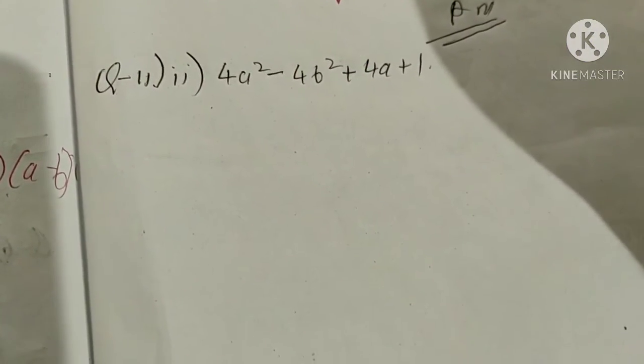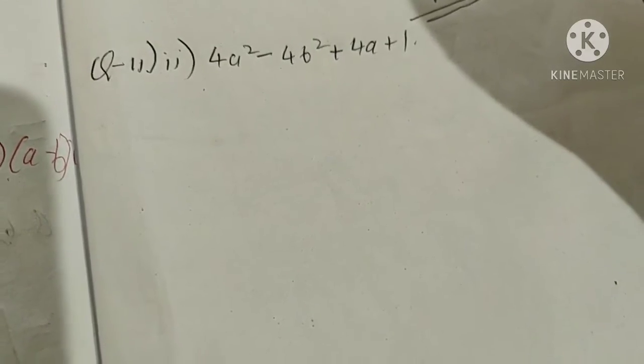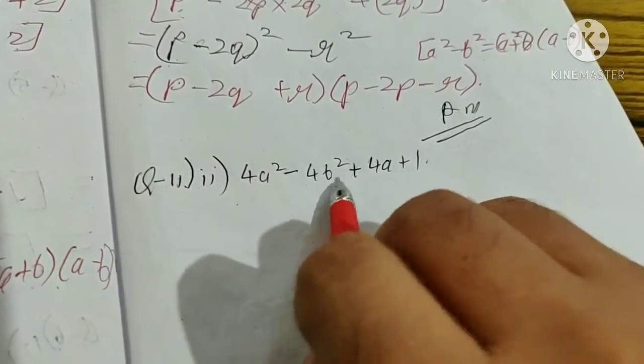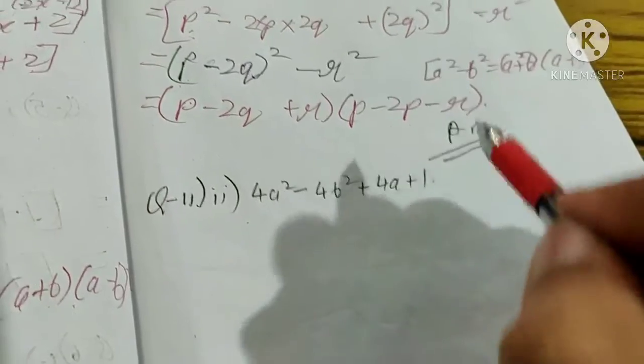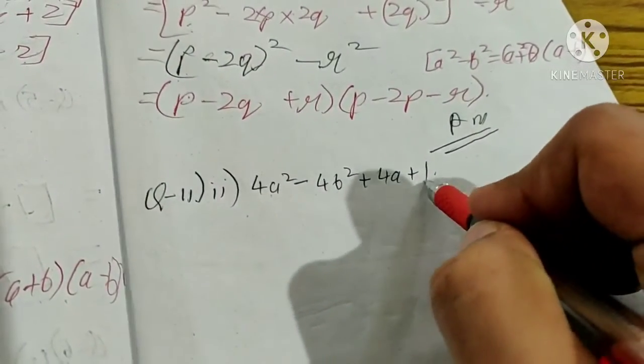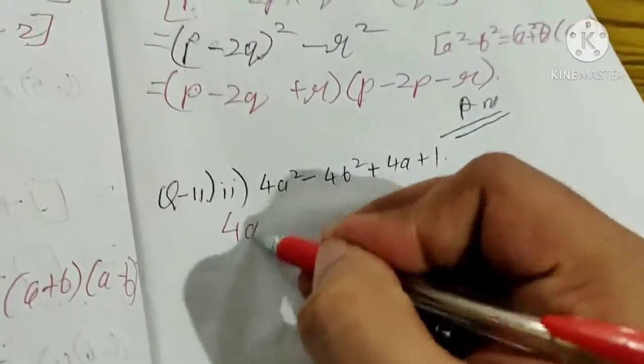So our next question here is this: 4a square minus 4b square plus 4a plus 1. If we see here, there is no relation between this and this, and it is 4a, nothing can be taken out common. So if we see this 4a and this 1, they may combine and form a formula. See how.